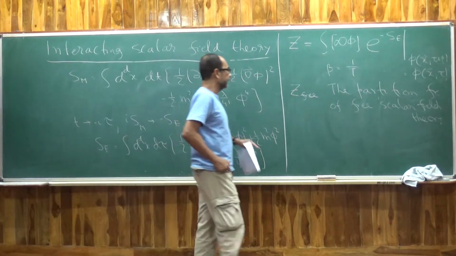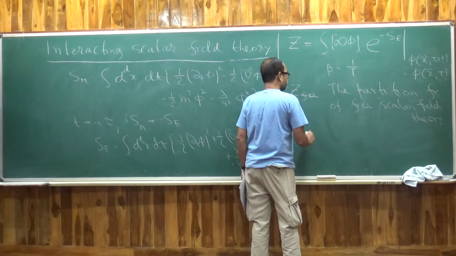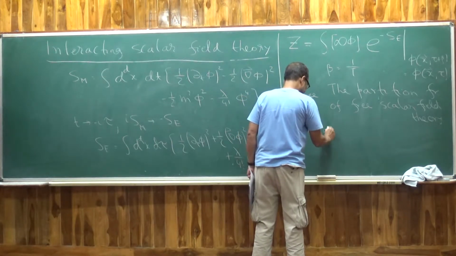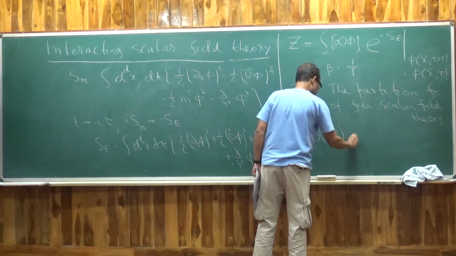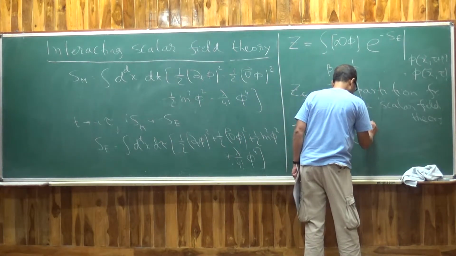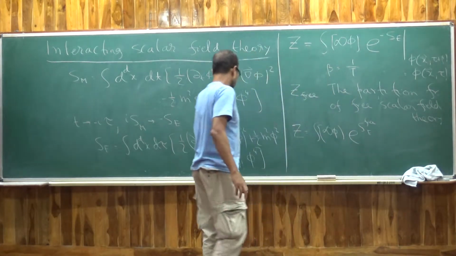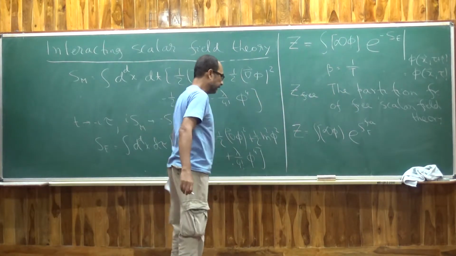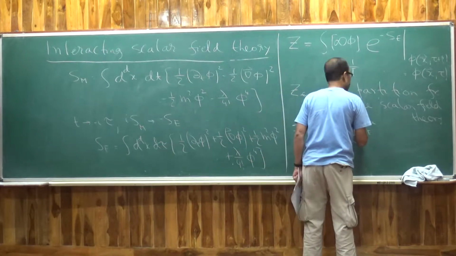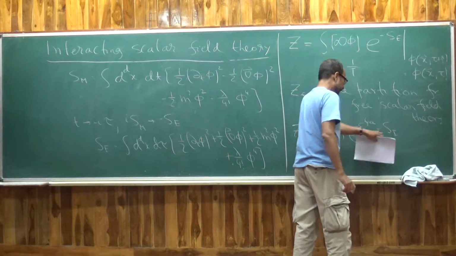But let me first take the expression for Z and expand it out. I will write this as integral d phi e to the power minus S_E, which I will write as S_free, minus S_I. S_free is the free part of the action, and S_I is the interacting part of the action.